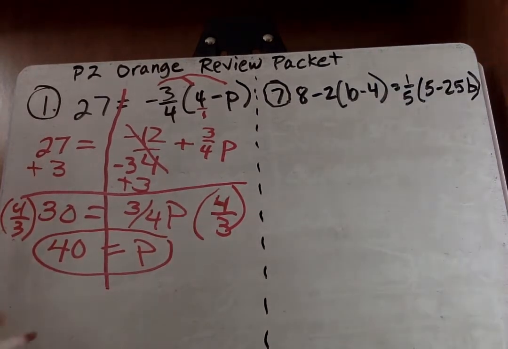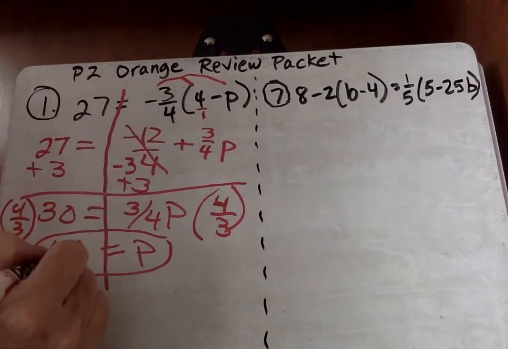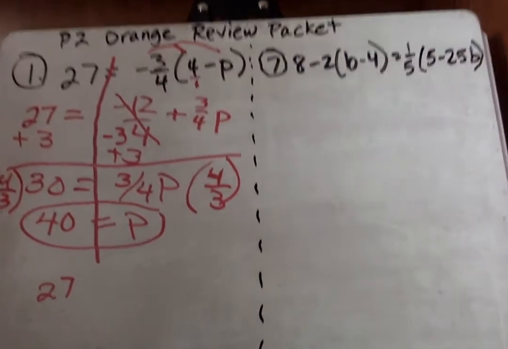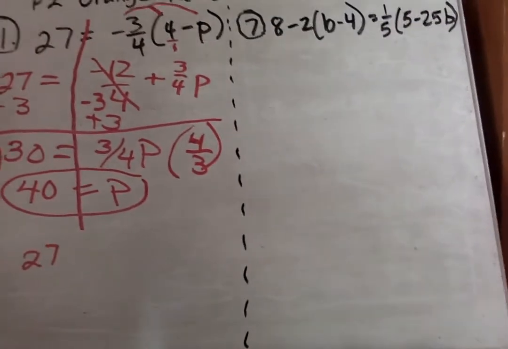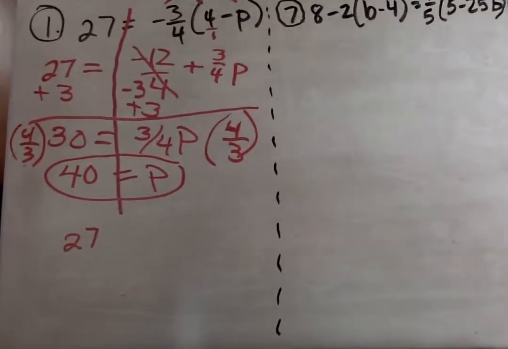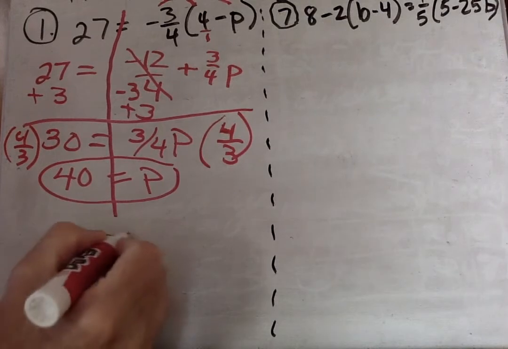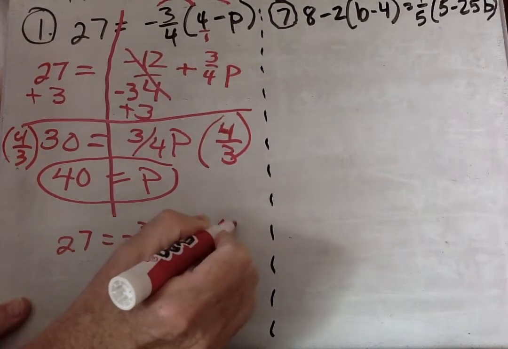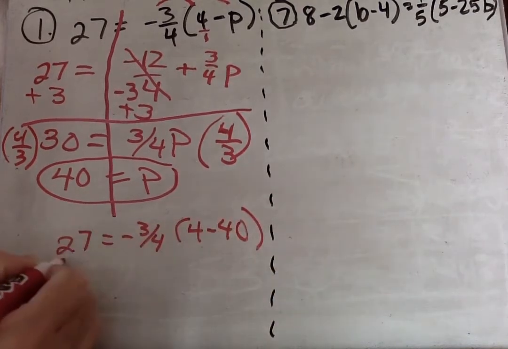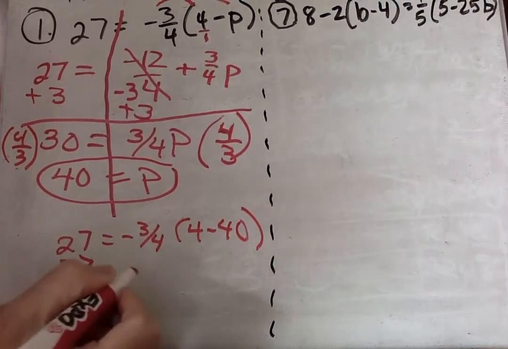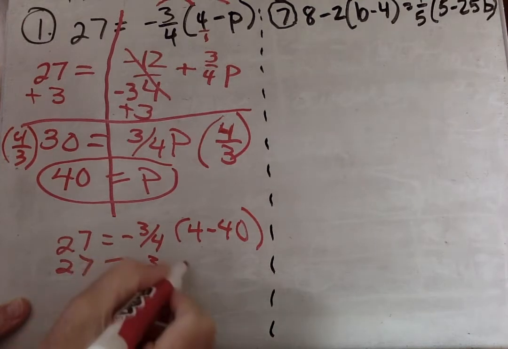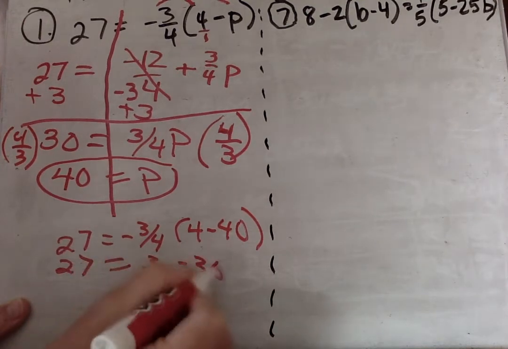Now, if we wanted to double check this, we could put 40 in for p and make sure that's correct. Will 27 equal negative 3/4 times 4 minus 40? Does 27 equal 3/4 of 30, negative 36?